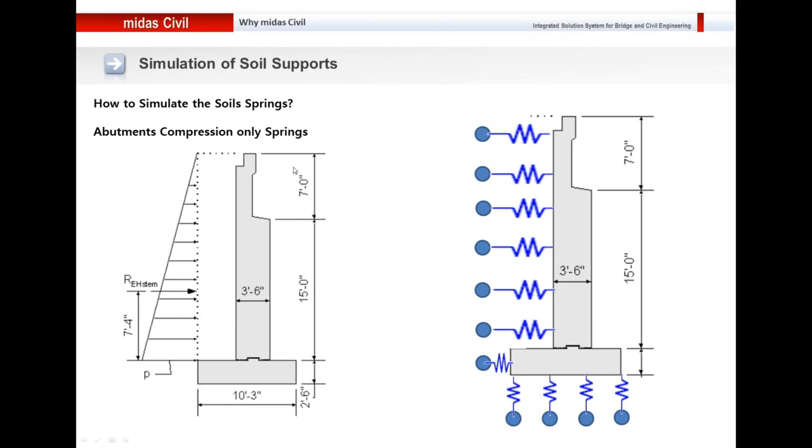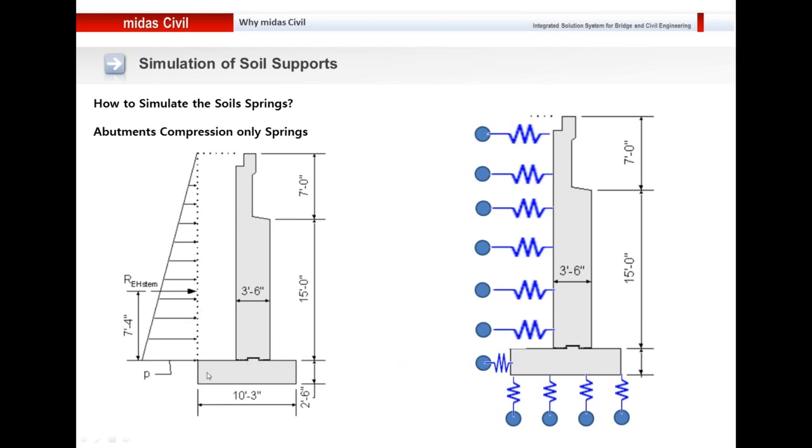So basically, if you apply the load from the free face of the abutment towards the soil, the soil will resist that load, and if you apply some additional load from the soil side towards the abutment, there would be no soil at the free face, so it would not restrain that load.